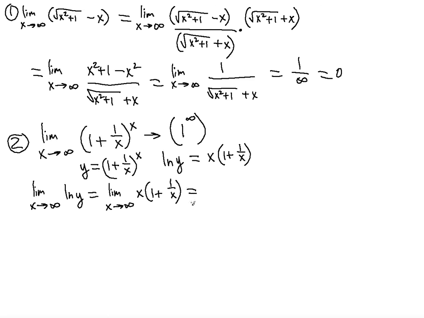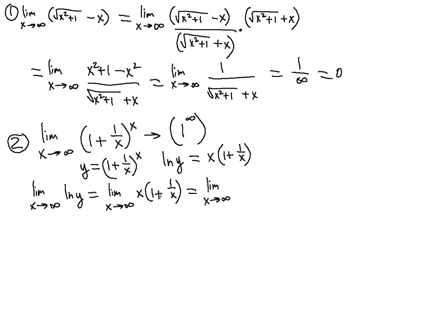Then we can rewrite this so that we can use L'Hopital's rule, because if you try to evaluate it, you will get 1 over infinity is 0, 0 plus 1, so 1 times infinity, you will just get infinity, and e to the infinity is an indeterminate form as well.